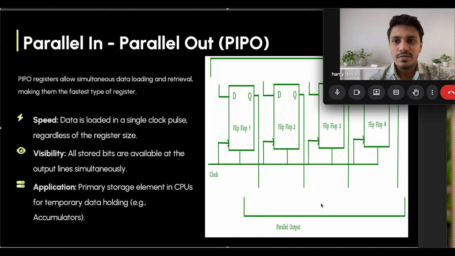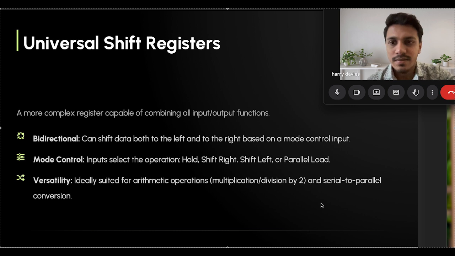Next, the universal shift register. This register type is called universal because it combines all possible shift functions, such as serial, parallel, shift left, and shift right, all into one component. The operation is selected by a mode control input.